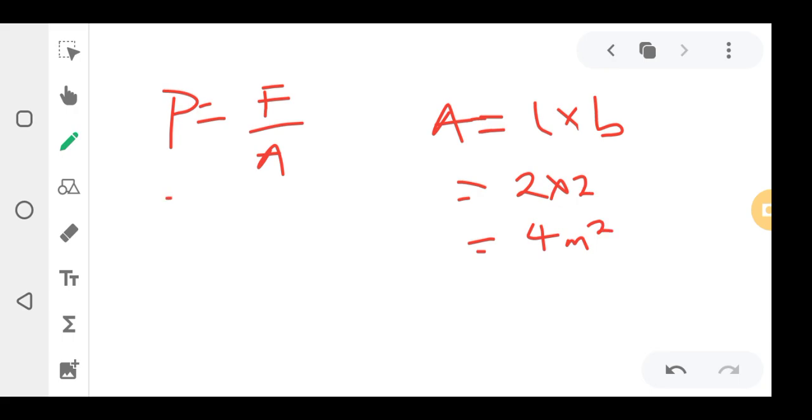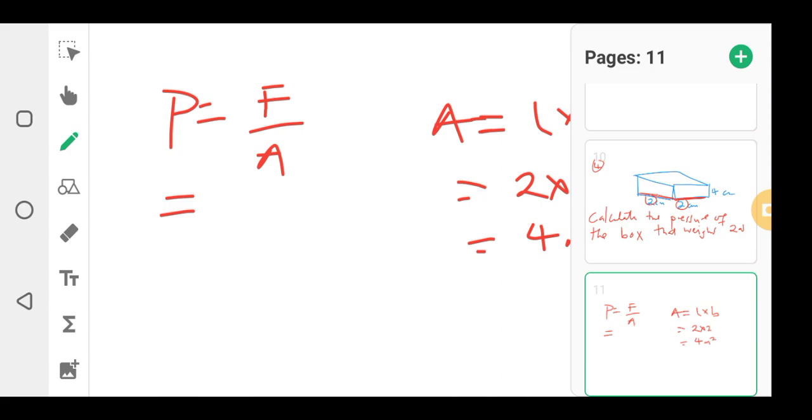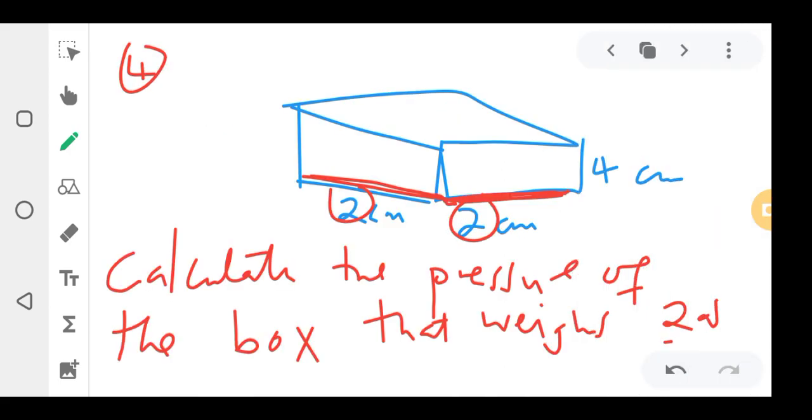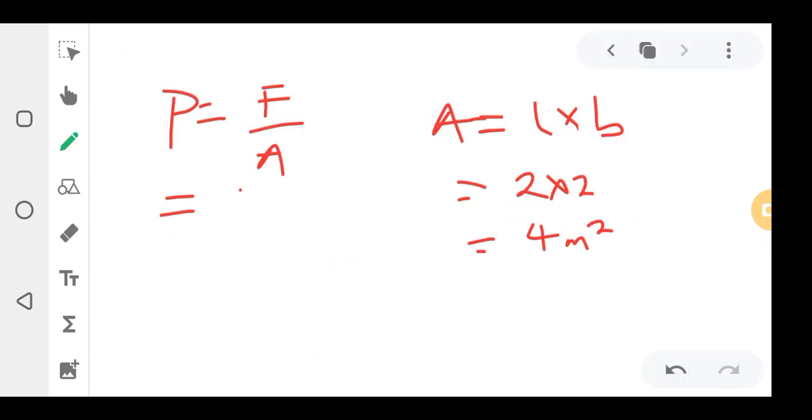Okay, now how do you do this? The force there is going to be what? The force is 2 newtons. So on force I put 2 newtons over the area, which is actually 4. 2 into 2, 1, 2 into 4, 2. We have got half. Half means 0 point.